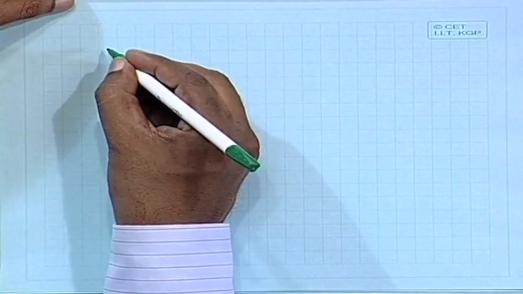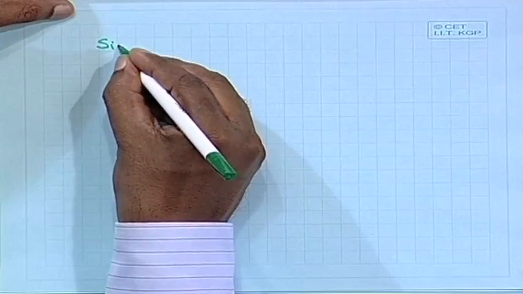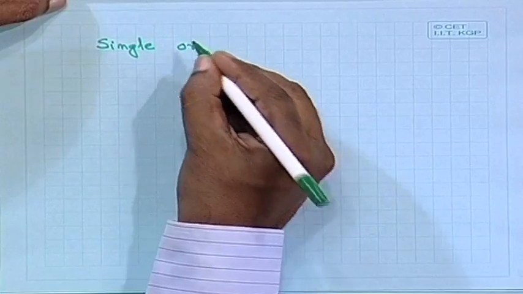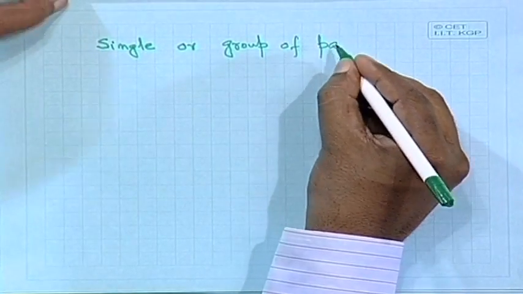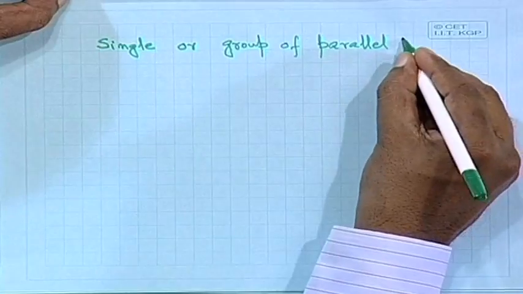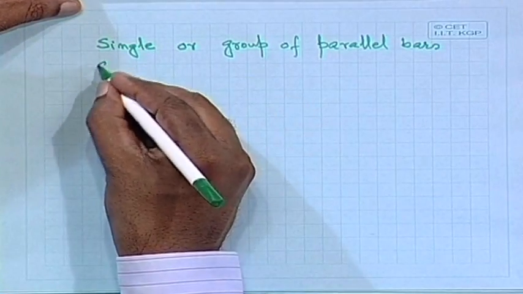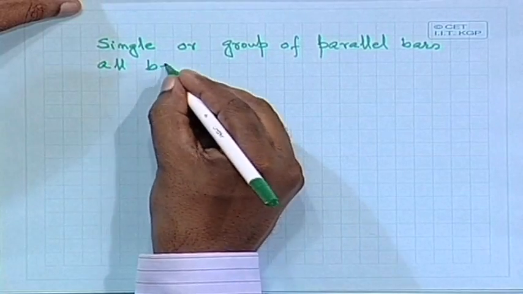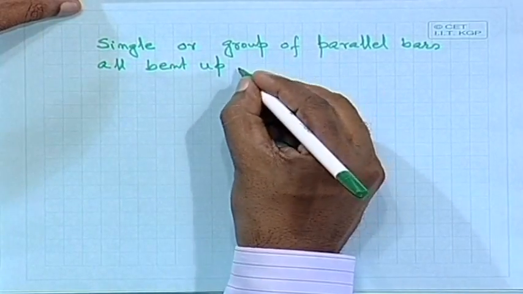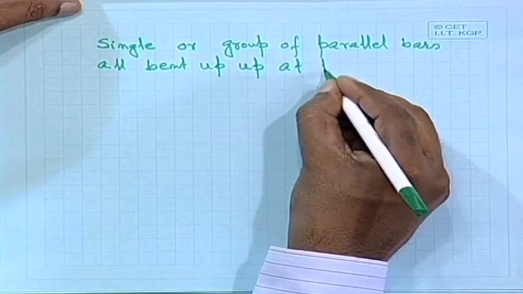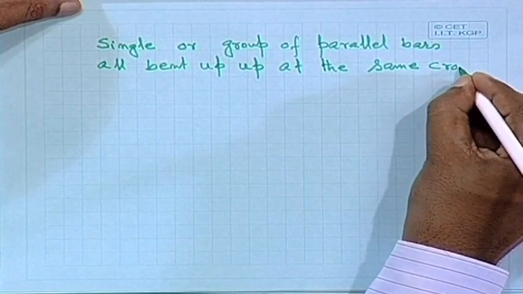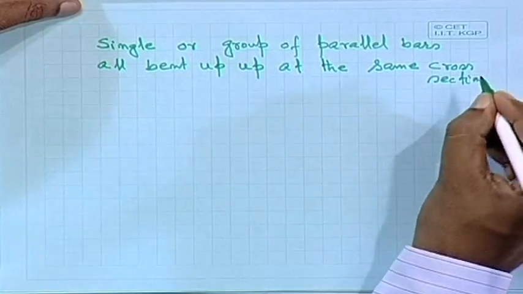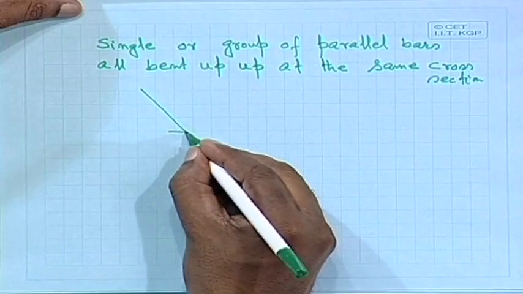Let us come to the single bar, or group of parallel bars all bent up at the same cross section, and let us say that is making a certain angle, say alpha.